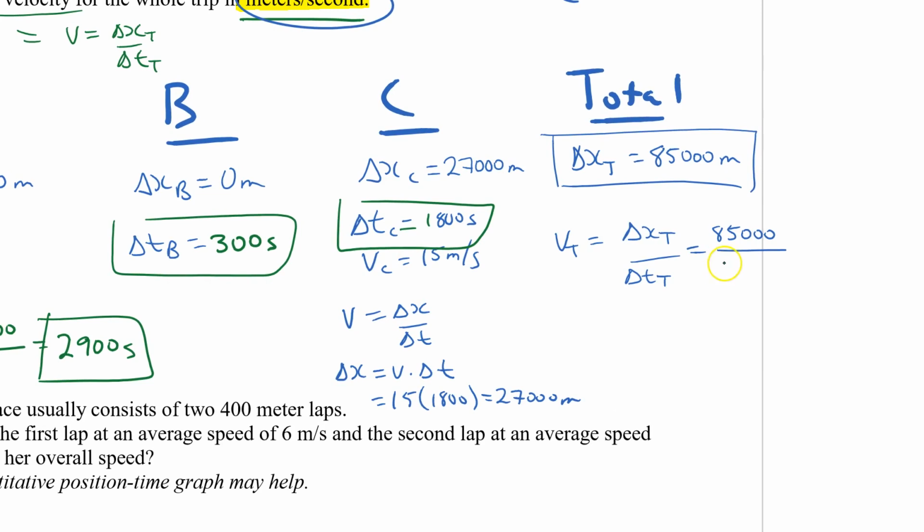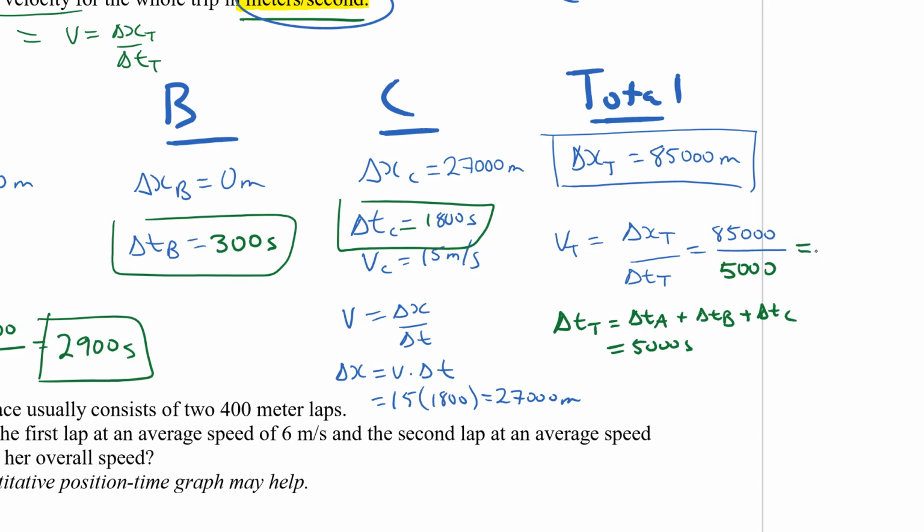So I'm going to put my answer here, 5,000. Okay, so just to show that, this total is going to be equal to the time for A plus the time for B plus the time for C, and that was equal to 5,000 seconds, and we put that over there.